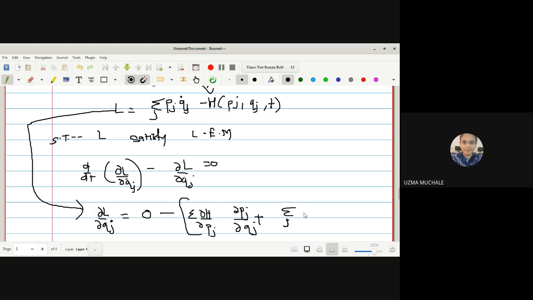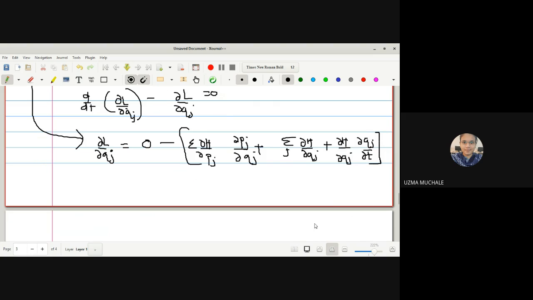Summation over j again, dou h by dou qj, derivative of qj with respect to qj is 1. Again, dou h by dou t and derivative of t with respect to qj. Okay. So what about the first and the last term: h with respect to pj, and here pj with respect to qj and pj with respect to t.